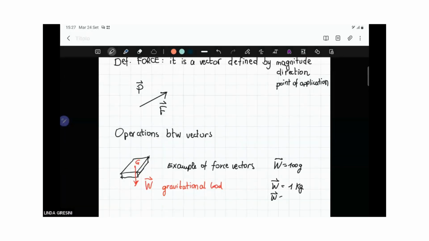So we can have different magnitudes for different types of elements. So each element in nature, and then also the structures, have their own weight.